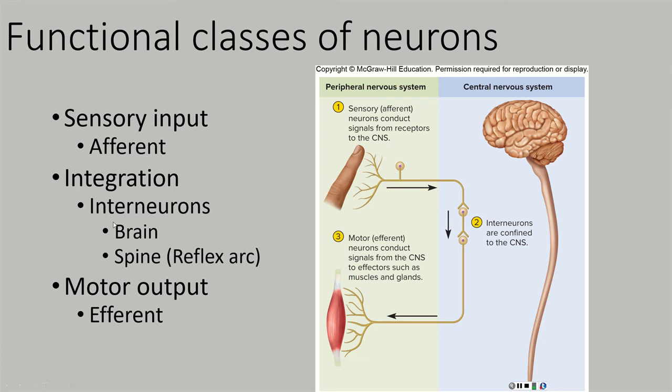Now, we have another type of neuron that's going to be integration. Integration or interneurons. Interneurons are found in the central nervous system, either in the brain or in the spine. And interneurons perform this integration process. They are going to receive this sensory input.